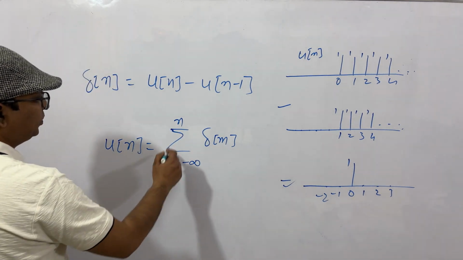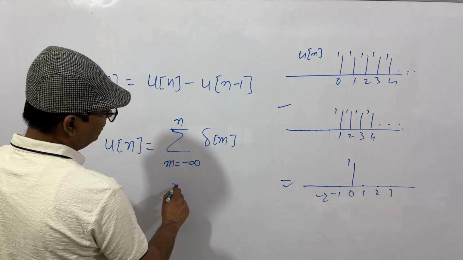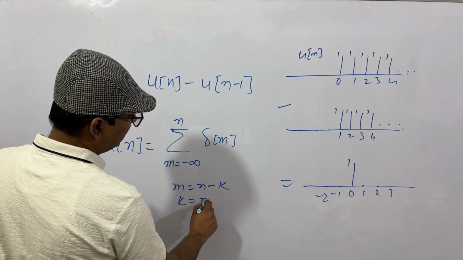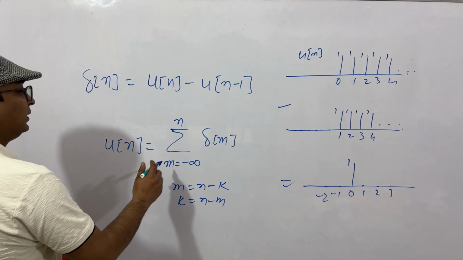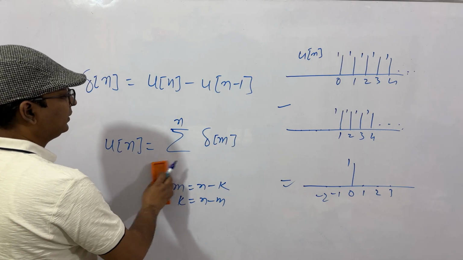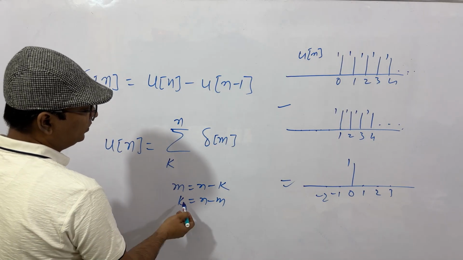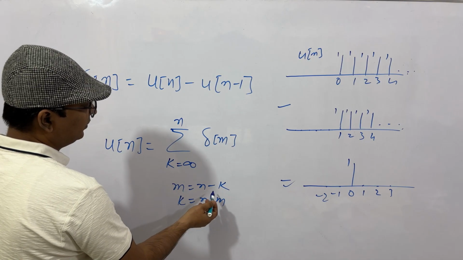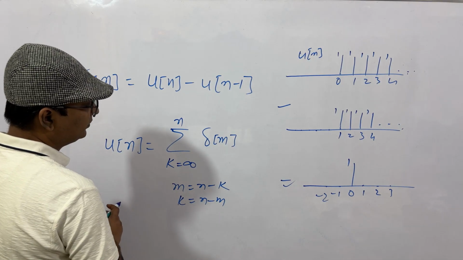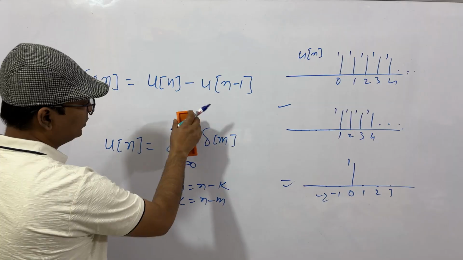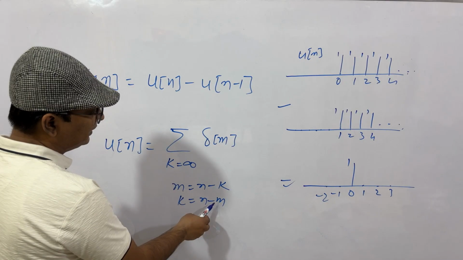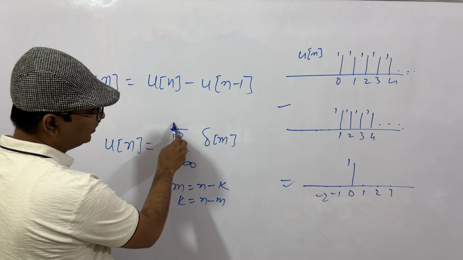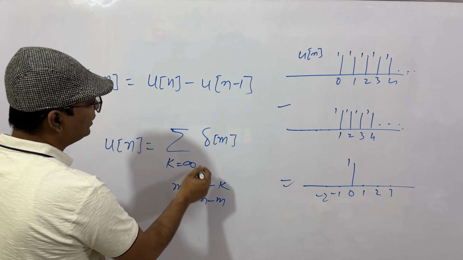And if you put m equal to n minus k, or k equal to n minus m, you'll see the limits change. When m is minus infinity, k will be infinity, and when m is n, k will be 0.